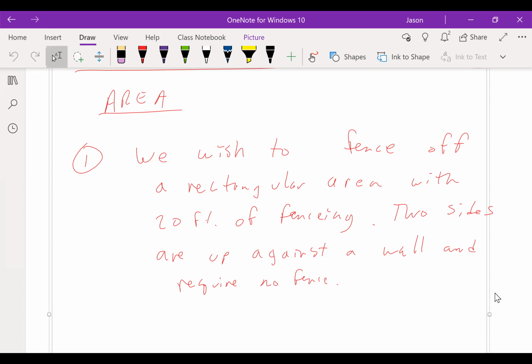What are the dimensions that will maximize the area? And what is that maximum area?